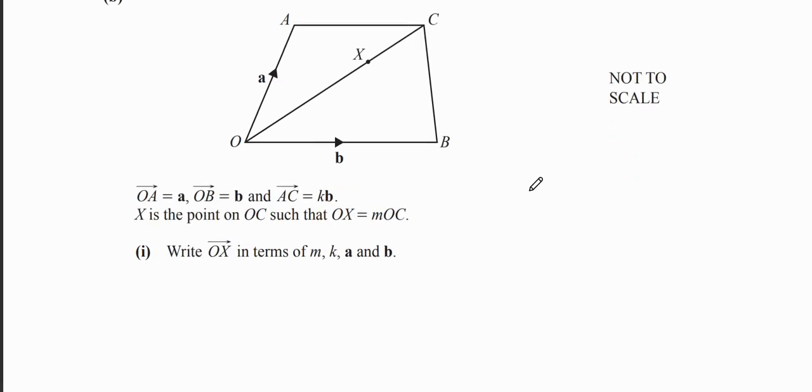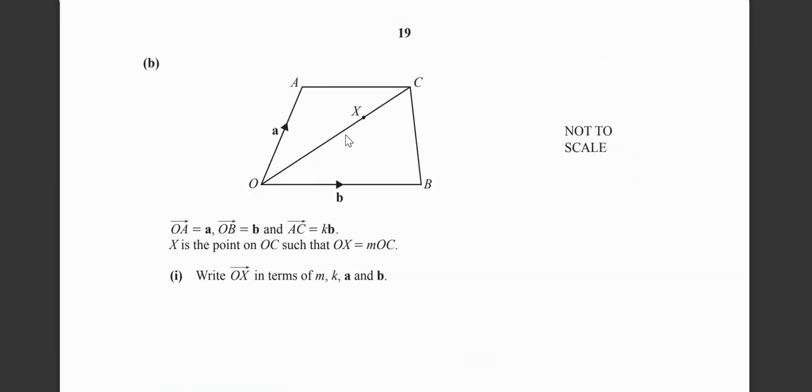Next question says write OX in terms of A and B. But before that, read this: X is the point on OC such that OX is M of OC. Before we continue, it says OA is A, OB is B, and AC is KB.